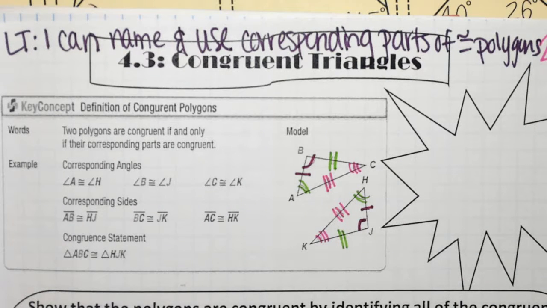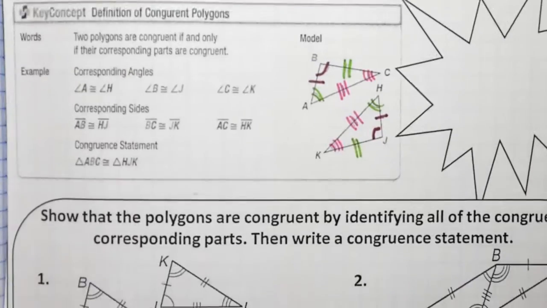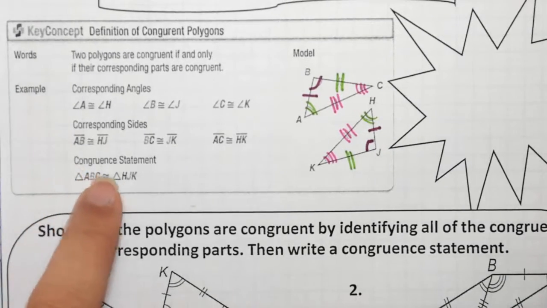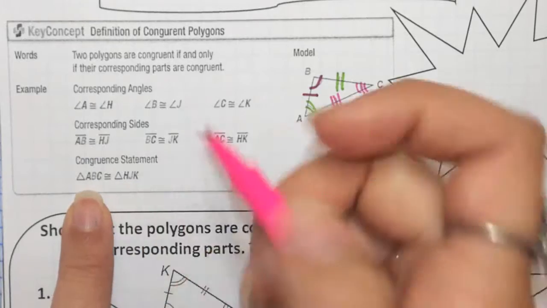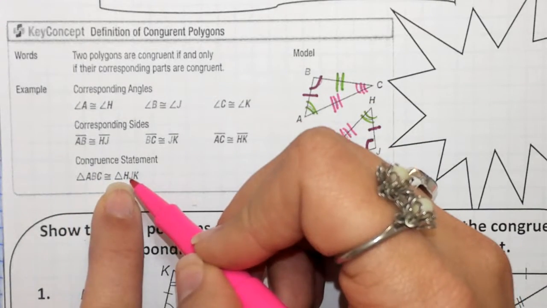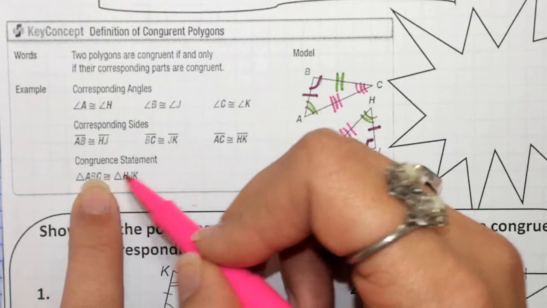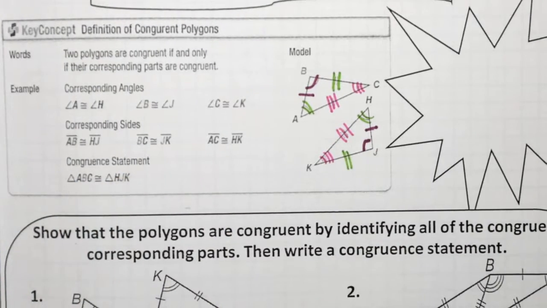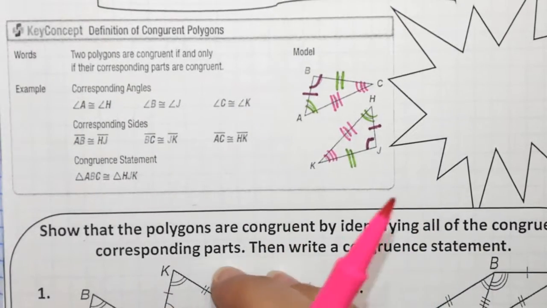It is very important that you pay attention to the order. And when it's even naming the triangle, that matters as well. So they named our triangle as triangle ABC. The corresponding angles must match up in the way you name it. So if I start with A over here, I have to start with H on my second one. If B is in the middle, then J has to be in the middle over here. If C is in the middle, K has to be in the middle over here. So the way you name it matters. Does everybody understand?